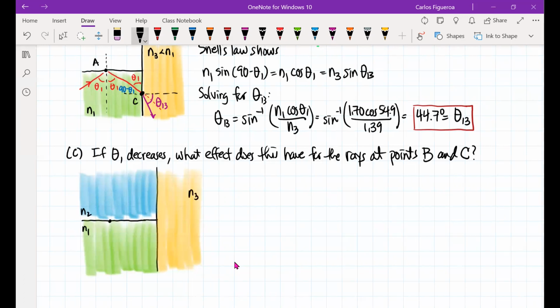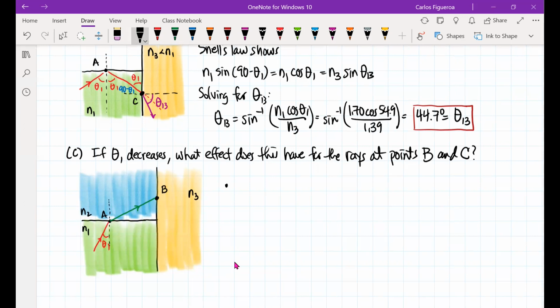Now let's see what happens. Here's our normal. If I have a ray that comes in, and this is theta 1 here, I have a refraction that goes to point B, right? This is point B.